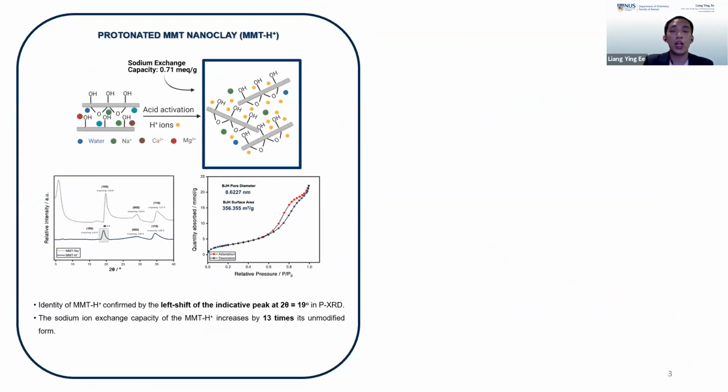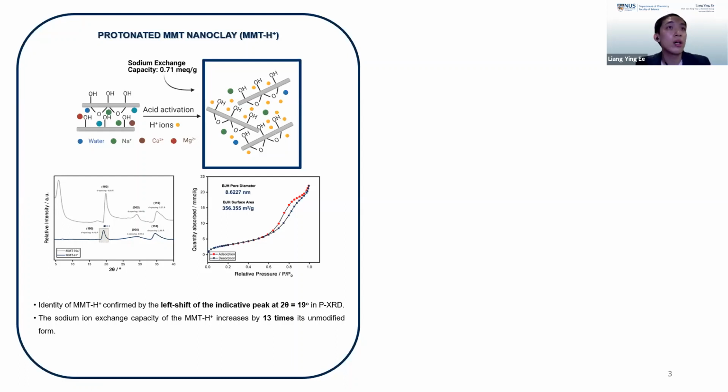So briefly, the MMT was activated with strong sulfuric acid for cation exchange with the calcium and magnesium present in the pristine MMT. So this exfoliation and destruction of the nanoclay interlayers is then evidenced in the powder XRD, where a larger interlaminar spacing with a slight shift towards the left of the indicative peak shows this.